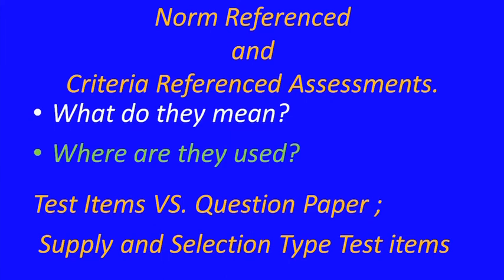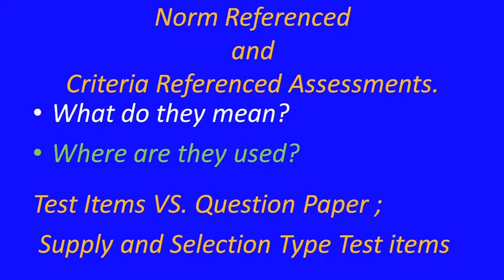Norm reference and criteria reference I have talked about a little bit earlier. What do they mean? Where are they used? Test items as a question paper, supply and selection type test items. Some terminologies basically. Norm referenced is within a class. That means if a batch graduating in 1987, somebody may be the topper.